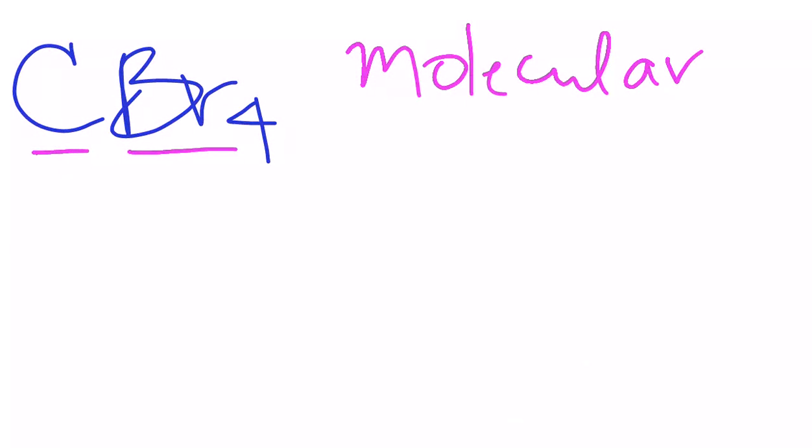So for molecular compounds, we write the prefix, which we would find as a subscript written next to the element, and then we write the name of the first element. Since this does not have a subscript, there's only one carbon, there's no need for a prefix. So we write carbon.